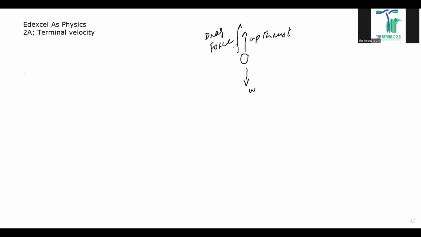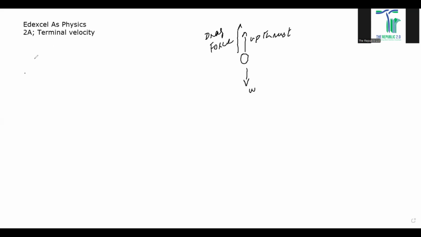Eventually, since the fog droplet is a massless kind of a thing, there must be a point where the weight would be equal to the sum of the drag force and the upthrust. Or in other words, the weight balances out the drag force and the upthrust acting on this fog droplet.